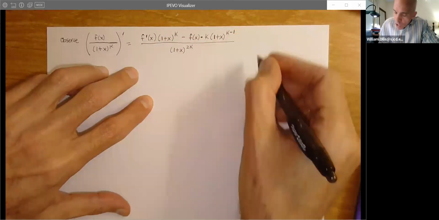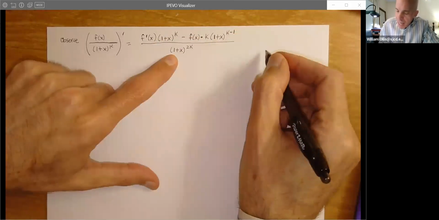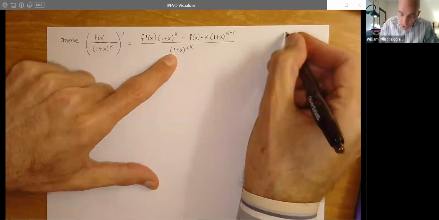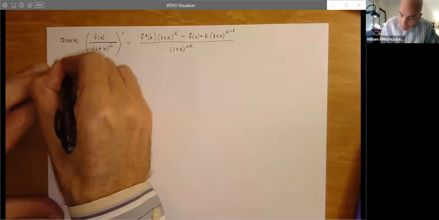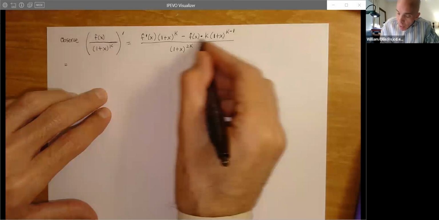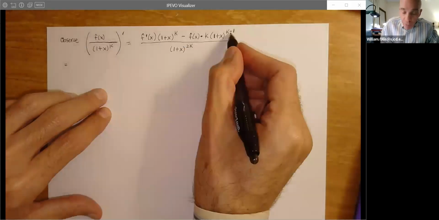Now, as a little aside, I'm going to do a little calculation over here. Let's go ahead and factor the k minus 1 copies of 1 plus x.